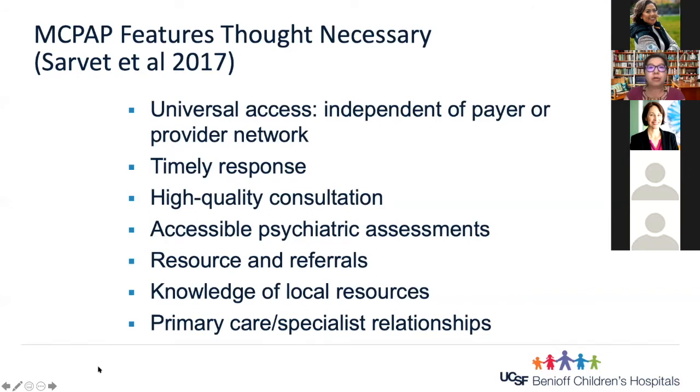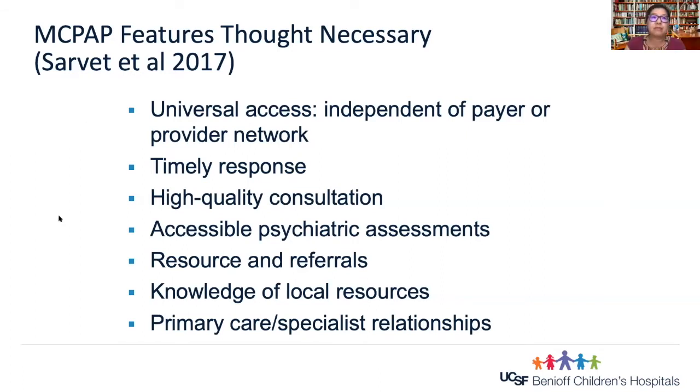In the course of studying their program, they found that 75% of enrolled practices and 41% of providers in the state of Massachusetts have used MCPAP at least once. This is from a 2014 survey that they performed.